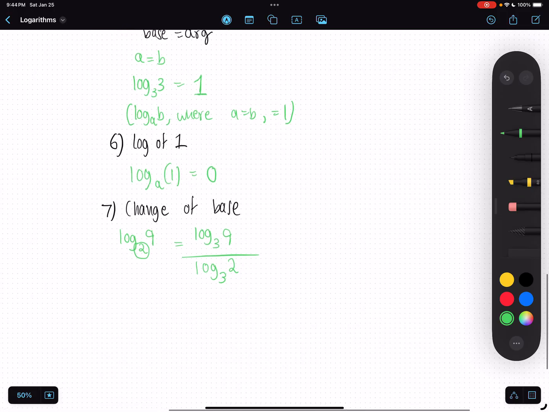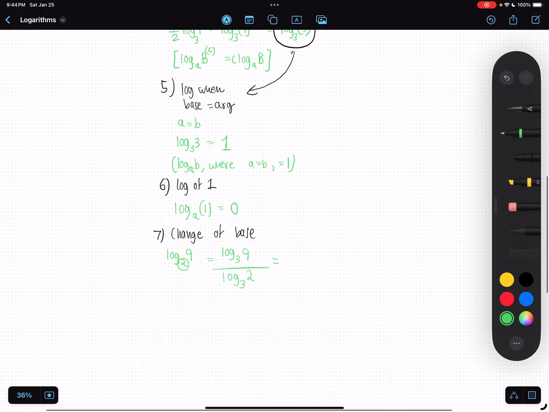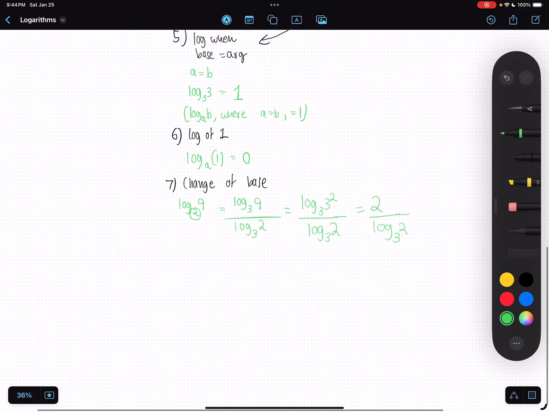If you simplify this expression further using the power rule we learned earlier and log when base is equal to argument, you can write 9 as 3 squared, so log 3 3 squared upon log 3 2. The 2 goes to the coefficient, and log 3 of 3 is 1, so you get the final answer of 2 upon log 3 2. Notice how we simplified that and got to a base that we want.